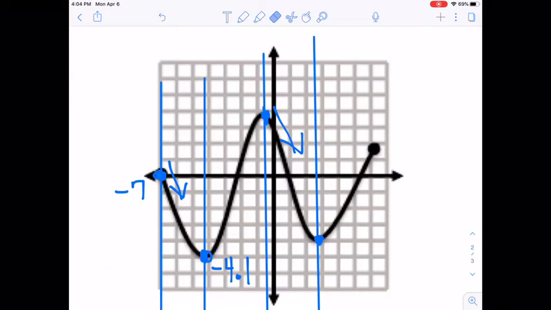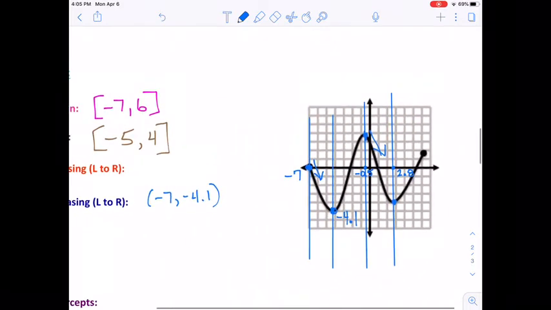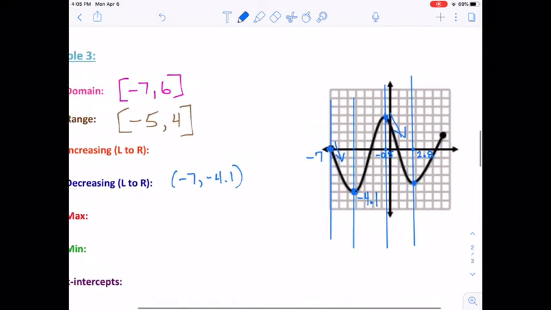But it's also decreasing from this point to this point. That's approximately -0.5, and this other one's approximately 2.8. So between -0.5 and 2.8, it's also decreasing.